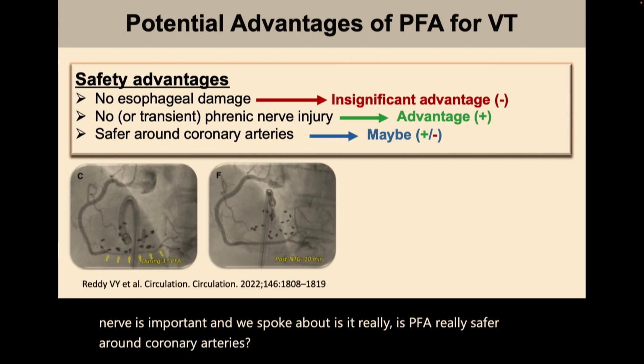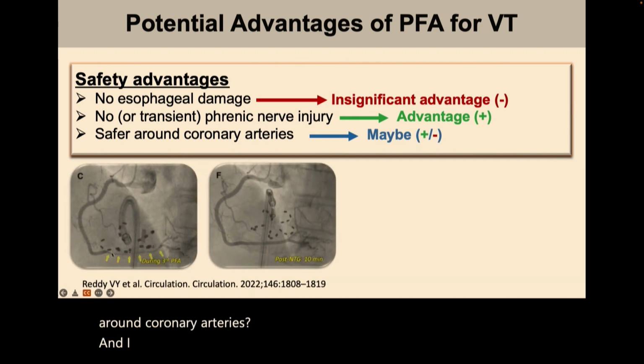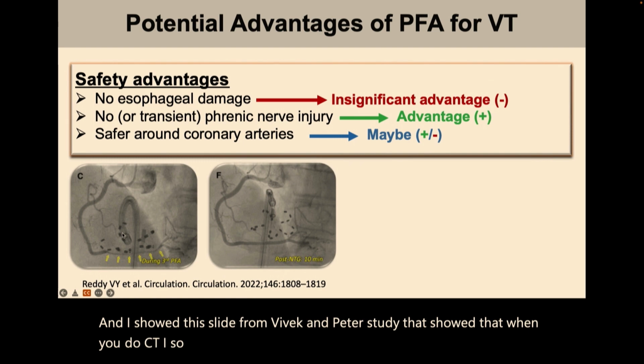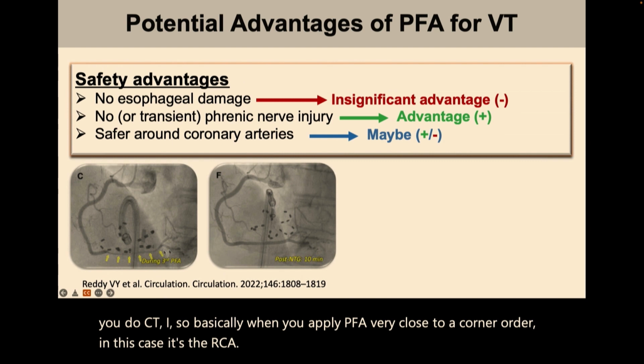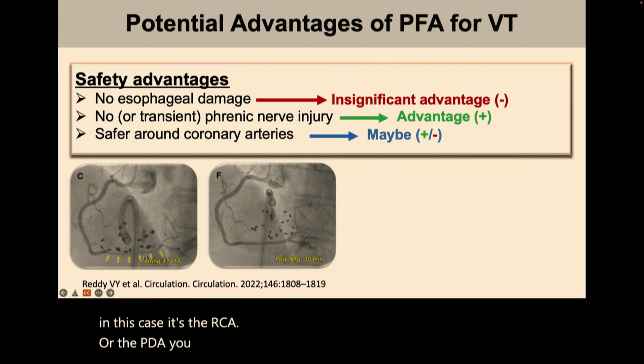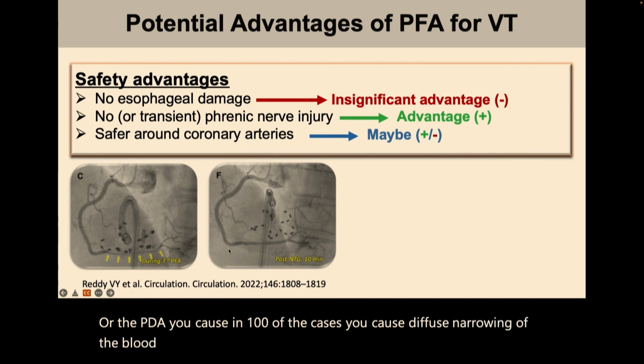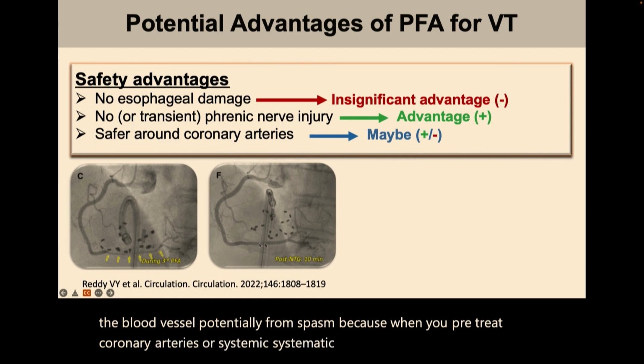And I showed this slide from Vivek and Peter's study that showed that when you do CTI, so basically when you apply PFA very close to a coronary artery, in this case the RCA or the PDA, you cause, in 100% of the cases, diffuse narrowing of the blood vessel, potentially from spasm, because when you treat the coronary arteries or systemically with nitroglycerin, you can prevent this injury from happening.